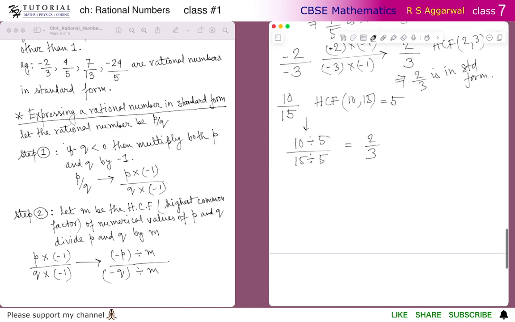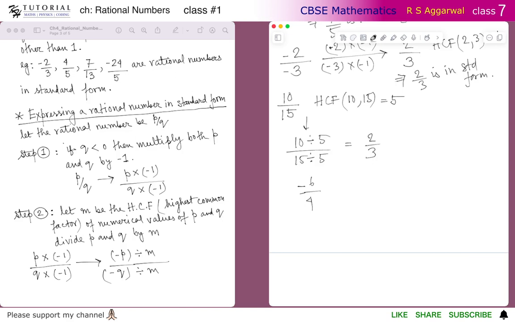Let's take another example. Let's say you have minus 6 by 4. The denominator 4 is already positive, so step number 1 is not required. Now, in step 2, we have to find the HCF of not minus 6 and 4, but 6 and 4. The numerical value of minus 6 is 6 and the numerical value of 4 is 4.